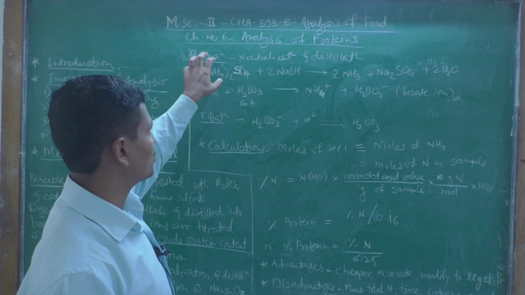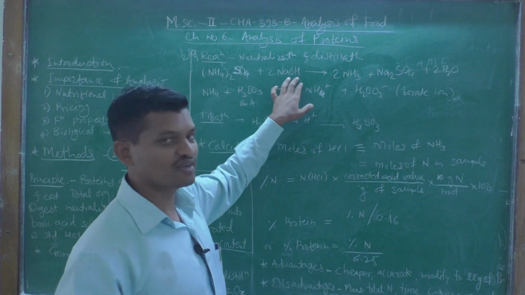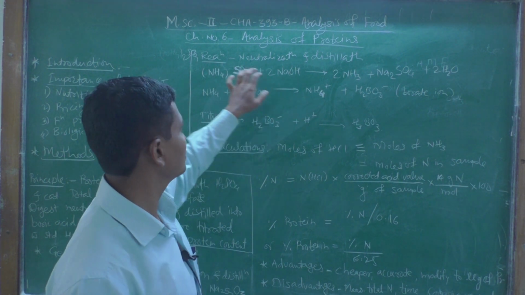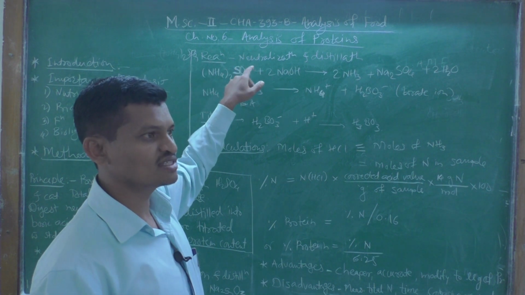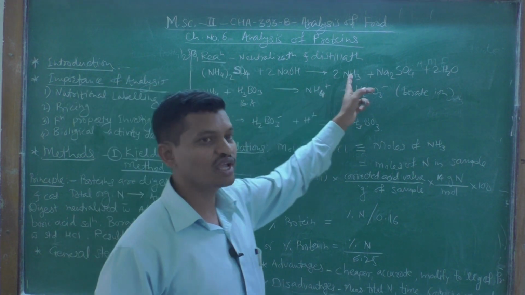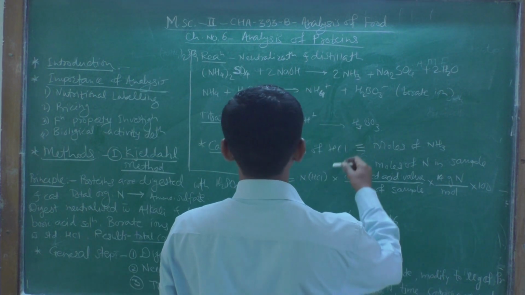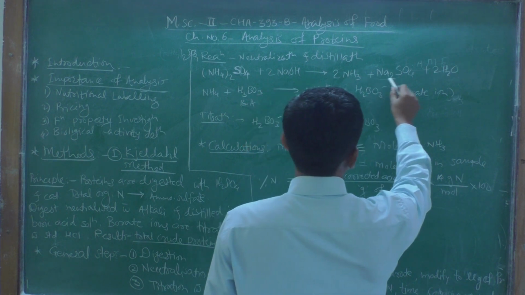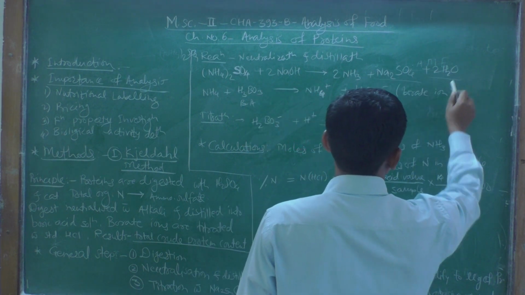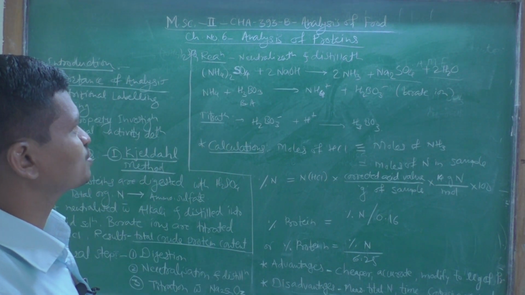The ammonium sulfate formed in the digestion step is reacted with sodium hydroxide. In this case, the ammonium NH4 plus ions are converted into free ammonia, and sodium sulfate and water are formed.